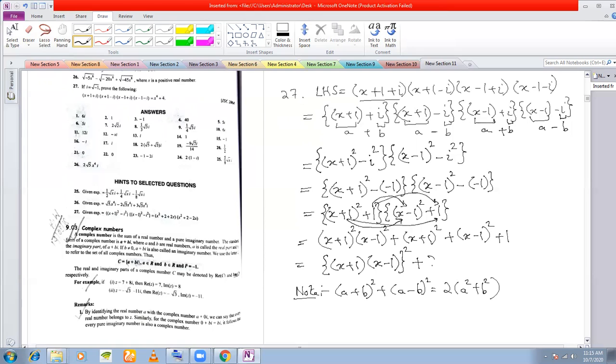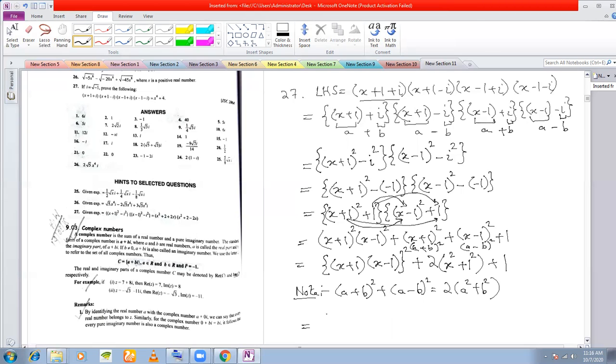So this is twice of, if you see, this is a plus b, and this is a minus b. So this becomes a plus b whole square form, and this becomes a minus b whole square form. And you know that a plus b whole square plus a minus b whole square is twice of a square plus b square. And then here x is a and b is 1. So twice of a square plus b square plus 1.